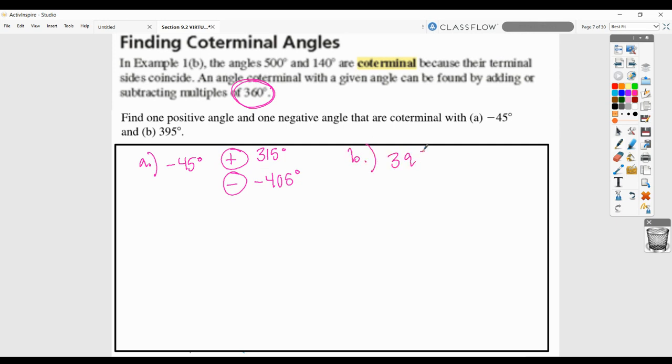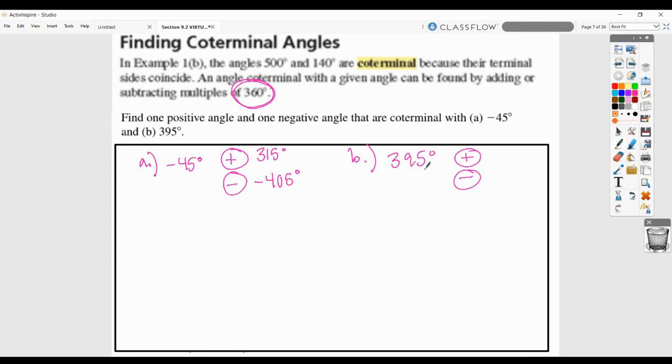The second angle measurement that's given is 395 degrees. And they want us to do a positive and a negative coterminal. So I'm going to take 395, and I can do one of two things here. If I subtract 360 from it, then I'll still get a positive, which I can write down. Or I could add 360 and get a positive.